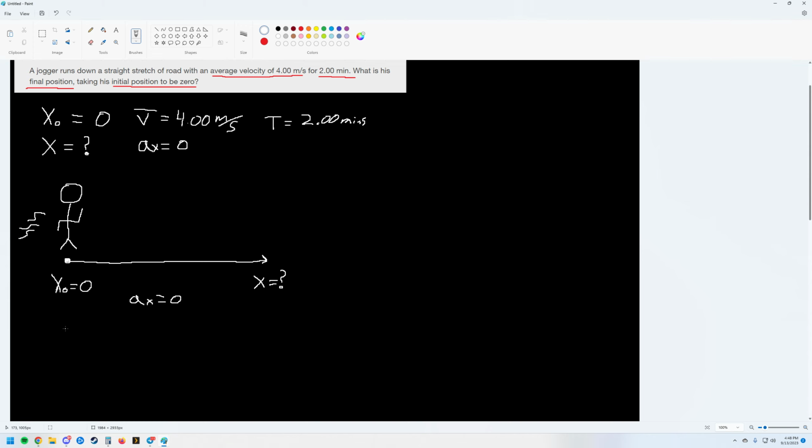His average velocity is 4.00 meters per second, and over this period he is going to run 2.00 minutes. Then put a little line here, because this is the point we're measuring.